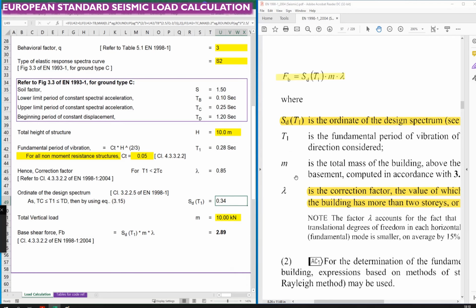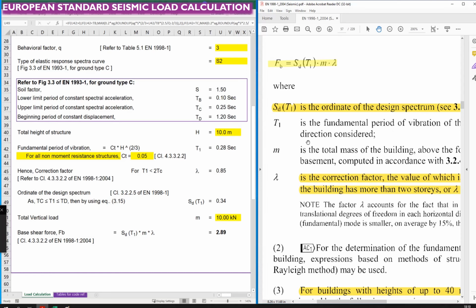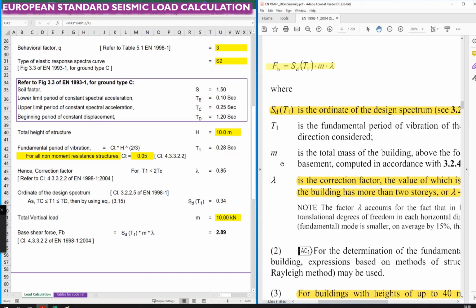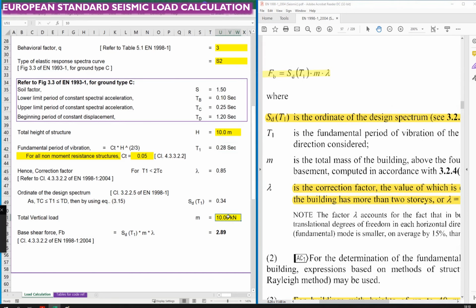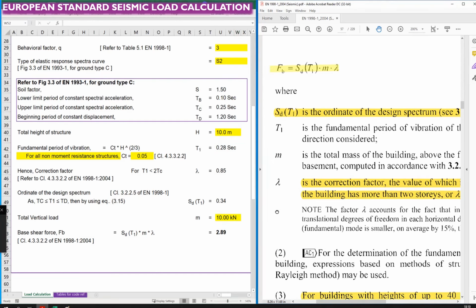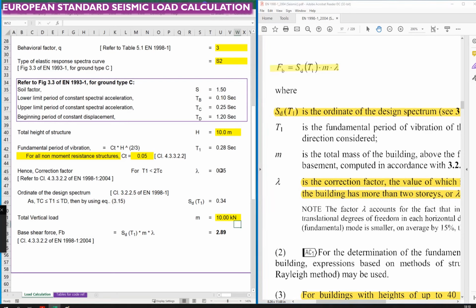T1 is the fundamental period, which we already calculated as 0.28 second. Next one is M, the total mass of the building, ours is 10 kilonewton, which is an assumed value. And the next one is lambda, the correction factor, which we already calculated as 0.85. Applying all these calculated values in the formula for Fb, I am getting 2.89 kilonewton as the base shear force.